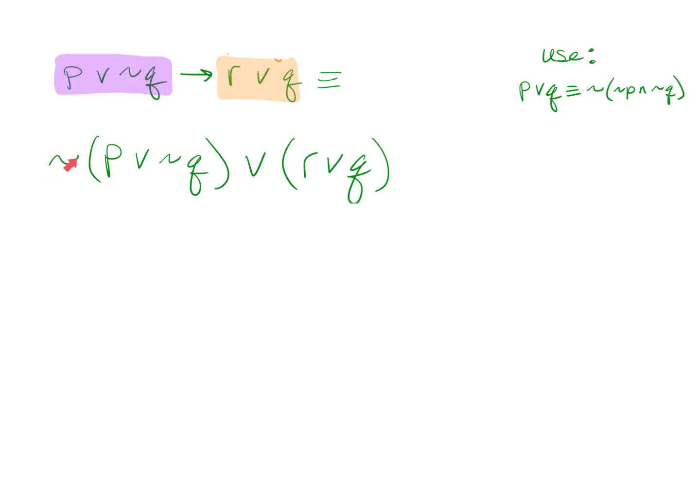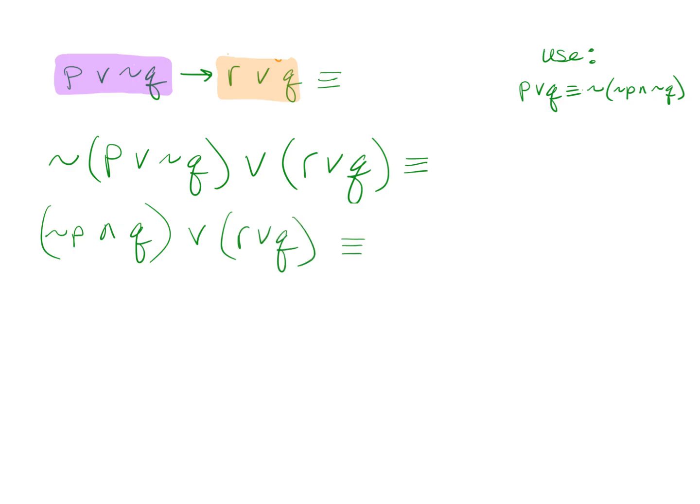De Morgan's law talks about distributing this negative sign. When you distribute a negative sign to the parentheses like this, it's going to put it on each of the statements, but it's going to change the or to an and. That was De Morgan's law. So this becomes not P and Q.